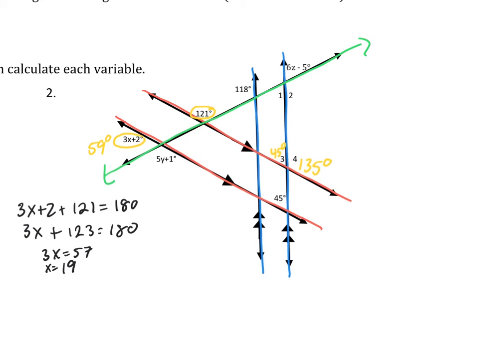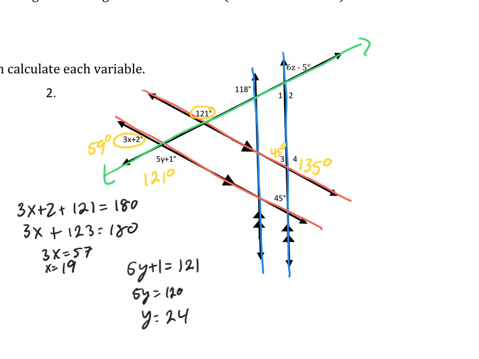I'm going to work with the congruent. So I'm going to say 5y plus 1 needs to equal 121 because those are congruent, and we're going to use that to solve for y. And we find that y equals 24. We could substitute that back in, but we should already know the degree measurement of that angle because it is congruent, which means it has to be 121 degrees.